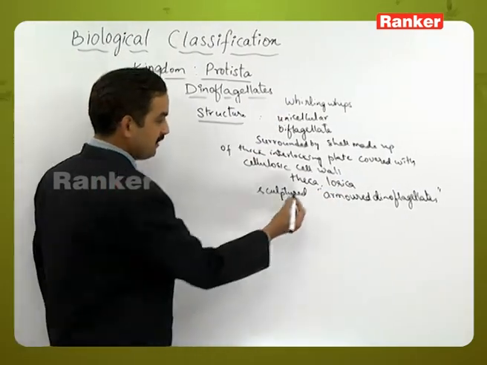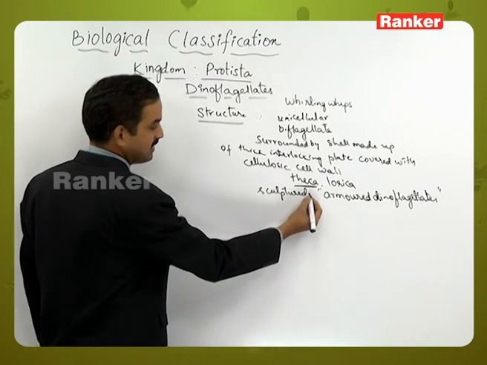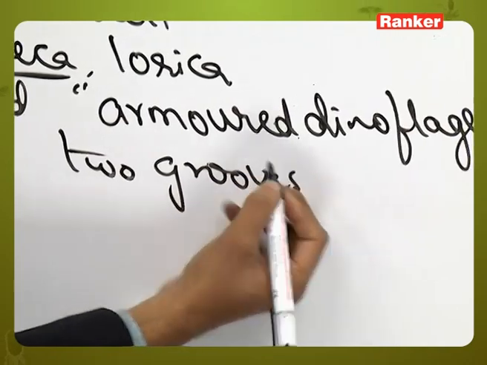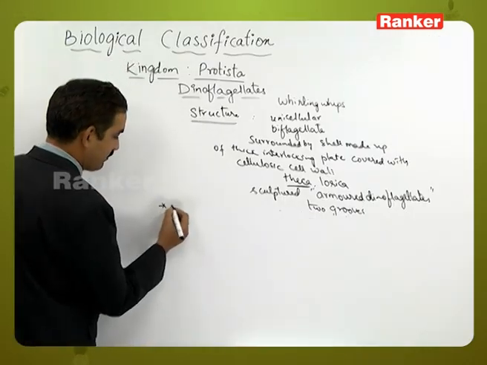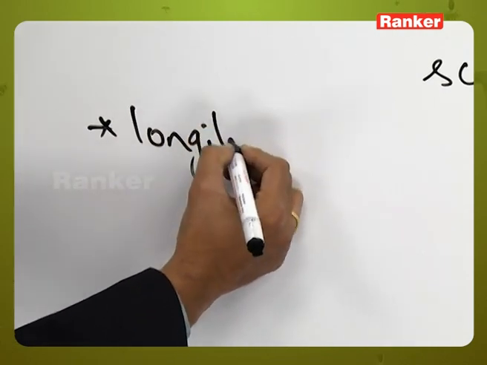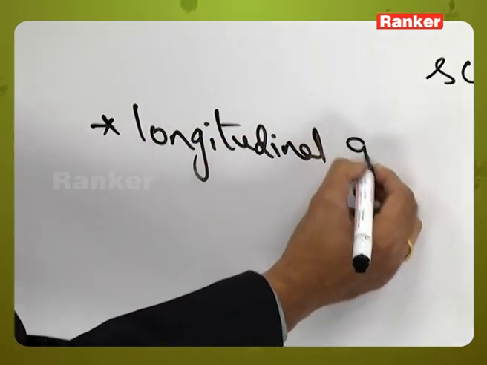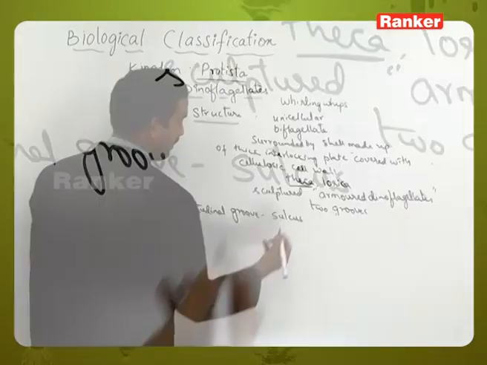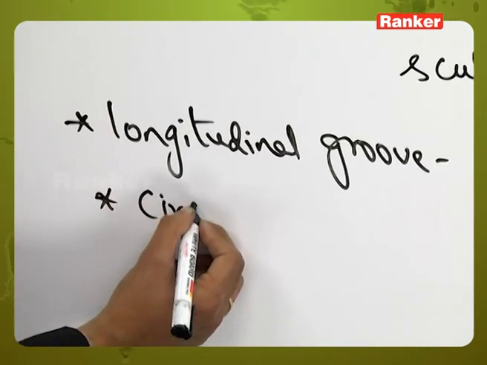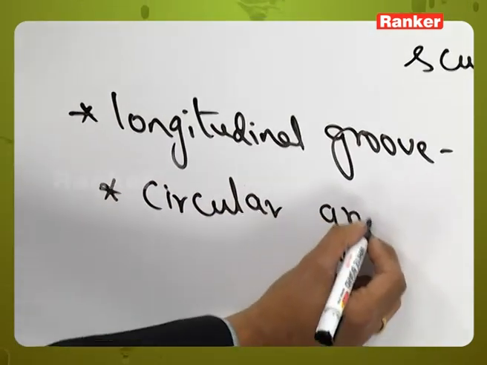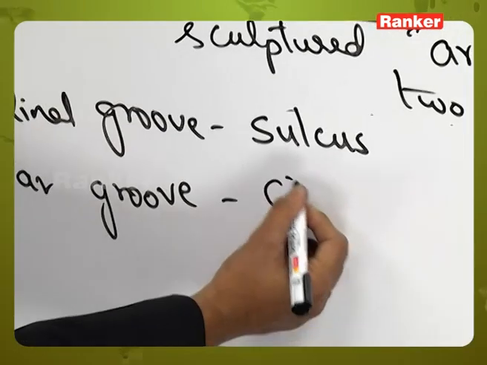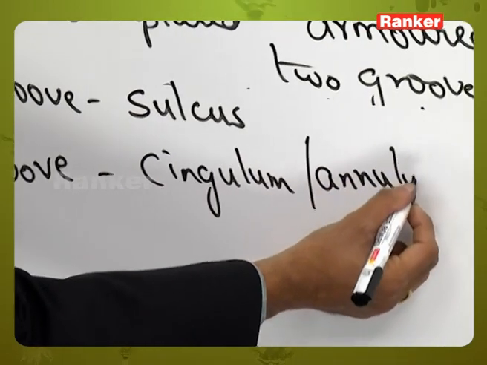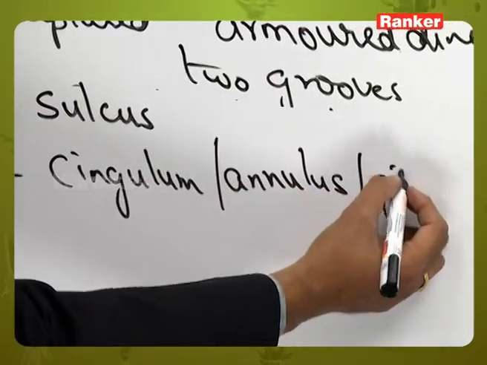Then the theca, the wall which we are calling, contains two grooves. One is the longitudinal groove, which is called the sulcus, whereas the second one is a circular groove, called the cingulum or annulus or girdle.